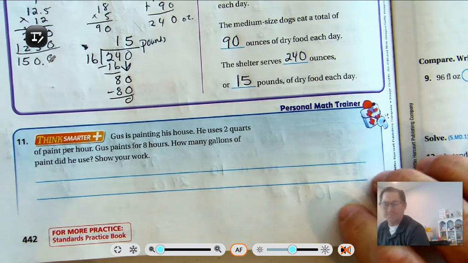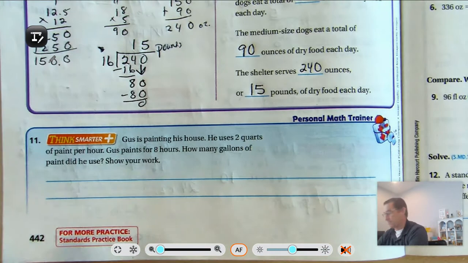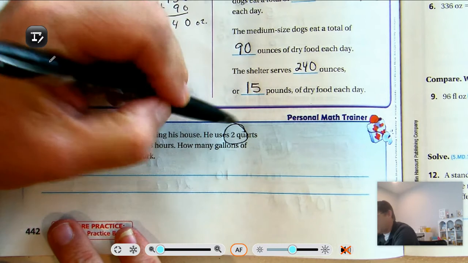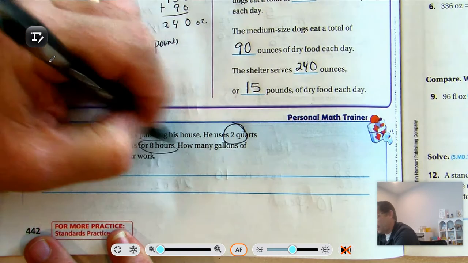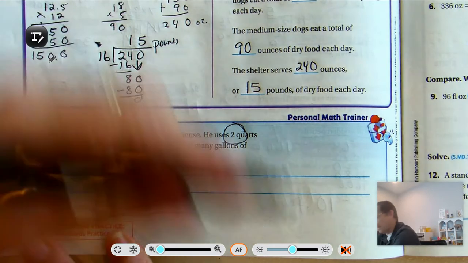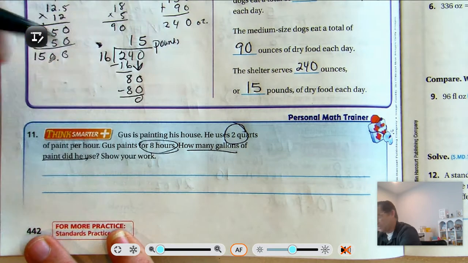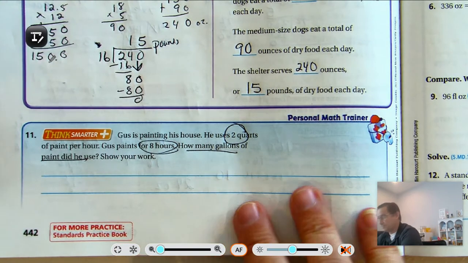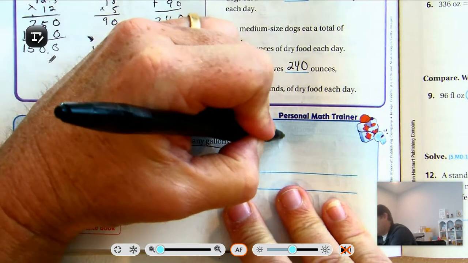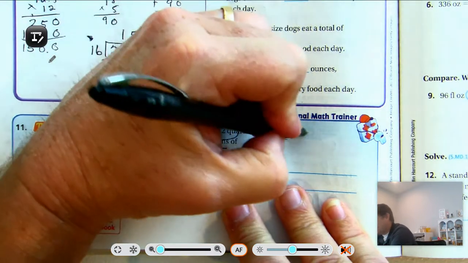And number 11. Gus is painting his house. He uses 2 quarts of paint per hour. He paints for 8 hours. How many gallons of paint did he use? Well, 8 times 2 is 16 quarts.